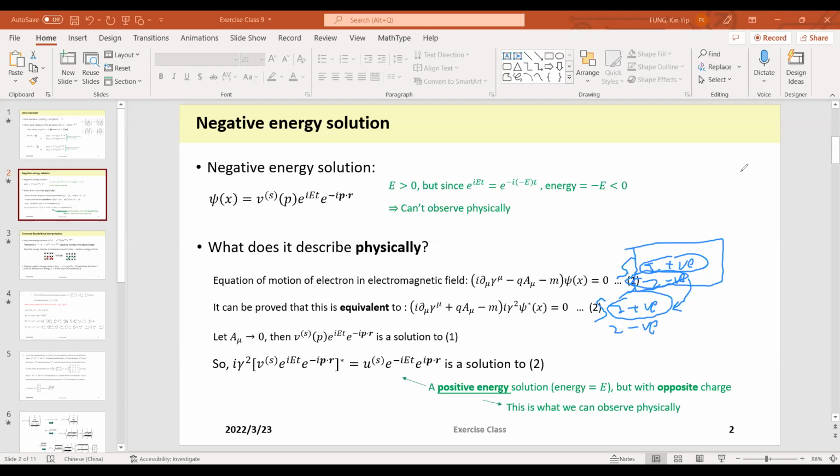But I mean, how is one solution more superior than other solutions? Like, why do you say the positive energy of the other solution is what we use? Because when we use the negative energy solution and substitute into this, they actually correspond to each other, but with a flipped charge.